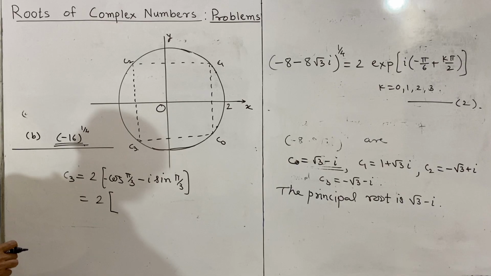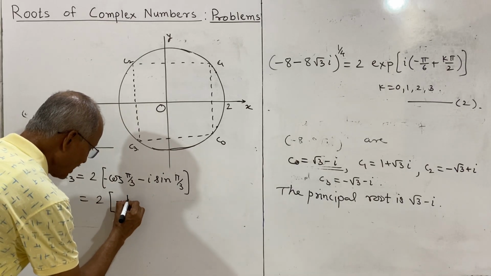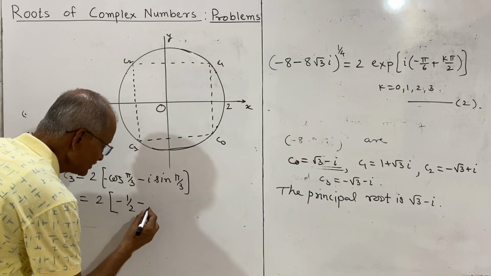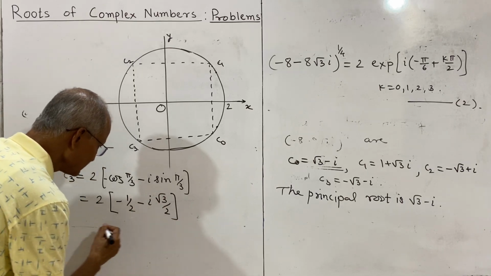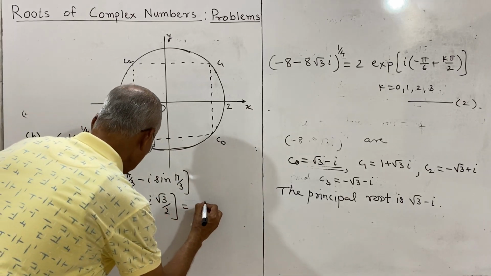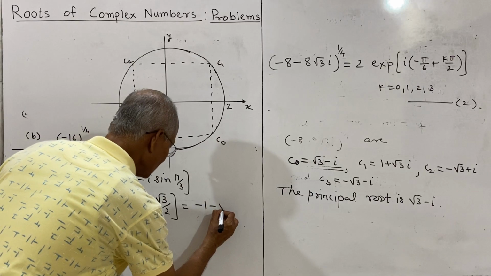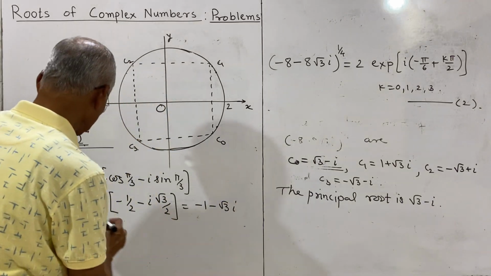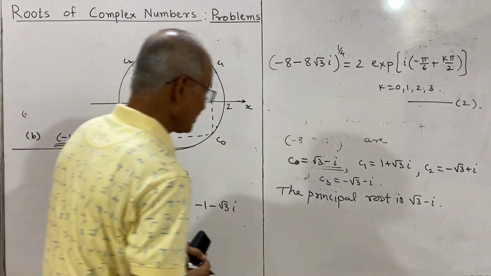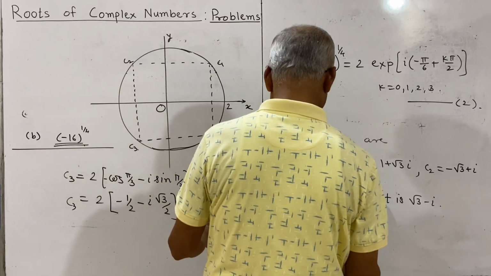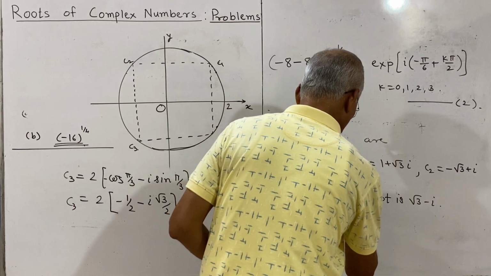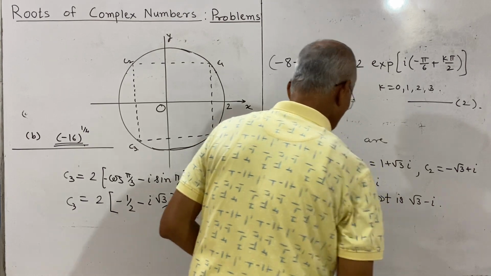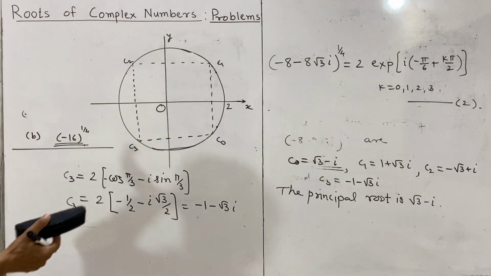Cos pi by 3, cos 60 degree is half, and sin 60 is root 3 by 2, and thus this value is to be corrected as C3 equals minus 1 minus root 3 I. So please note it, and the remaining are correct.